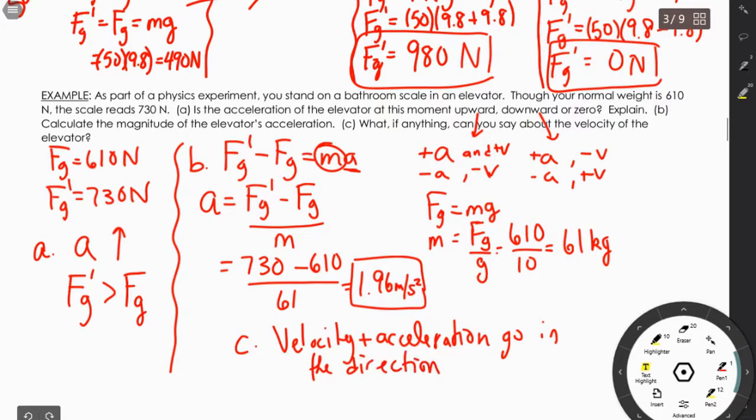We would need a little bit more info, but we just know they go in the same direction, right? And what's our proof? Fg prime is greater than Fg, okay? That would be something along the lines of what you may see on a free response question, especially with the writing aspect that they want to include now.